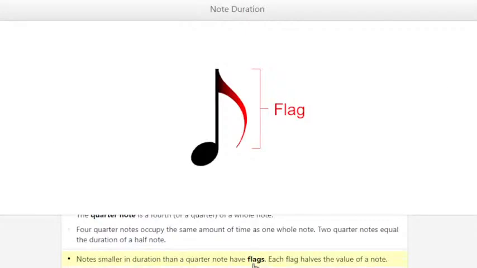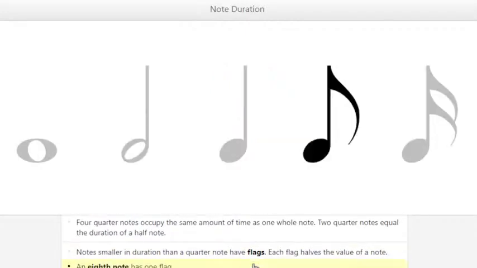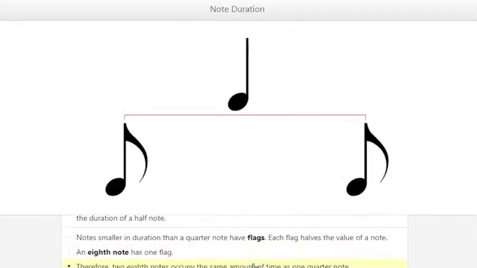It has one flag. Two eighth notes occupy the same amount of time as one quarter note. So if a quarter note is ta, the eighth note will be ti. And if you join the two of them, you will get the value of ta. So you have ti ti. Good.